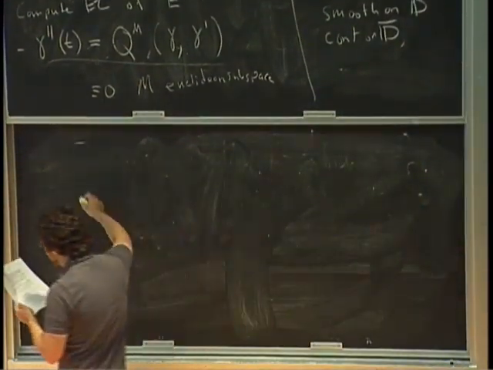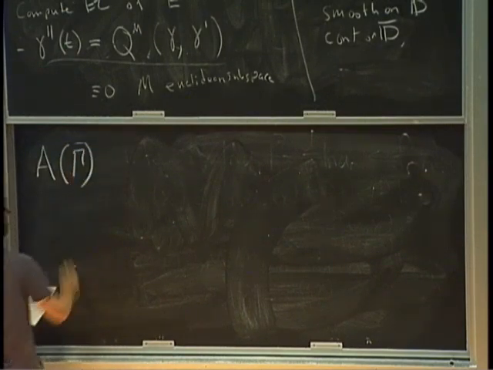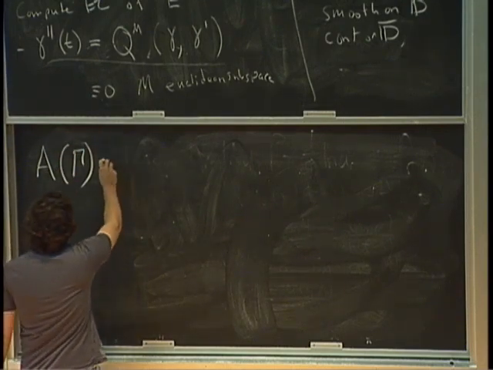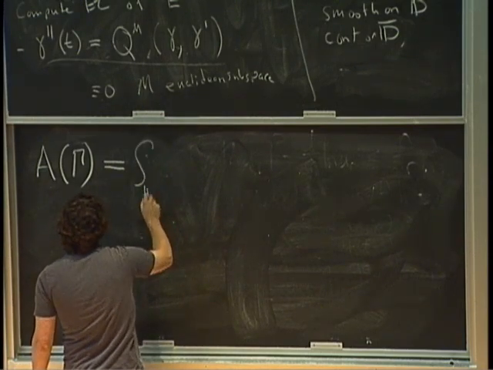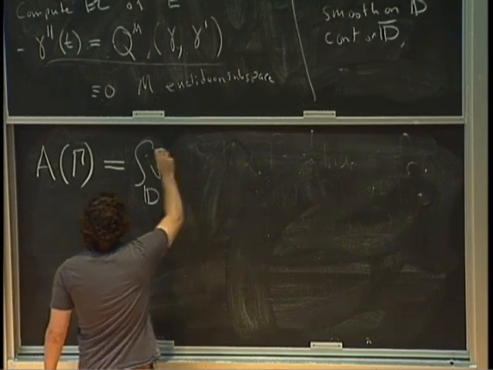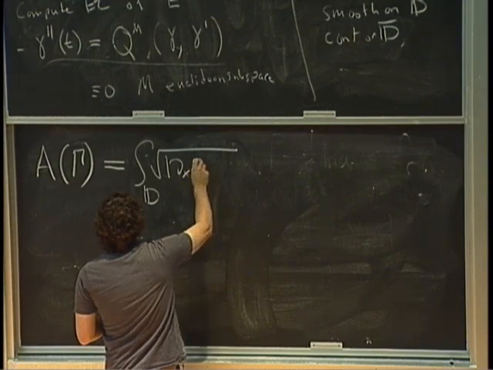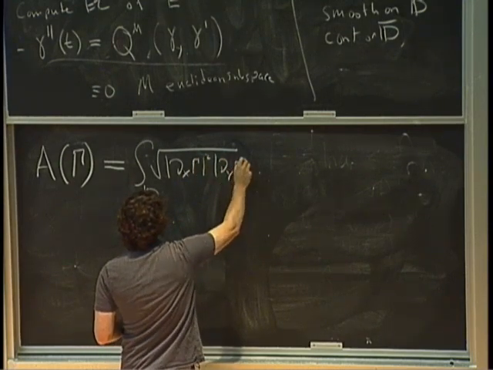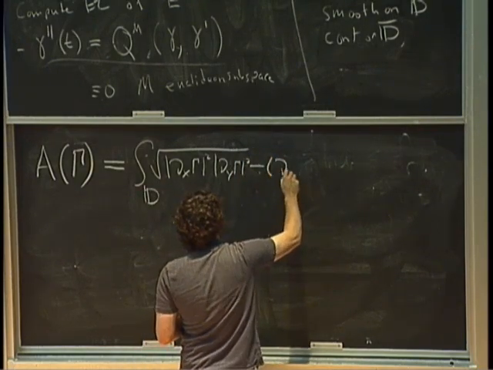Okay, so if you use the standard formula, the area of the image should be, and one has to interpret this for a general smooth map, the integral over the disk of the following expression: the norm of the x derivative of gamma, this is a vector valued guy, times the norm of the y derivative of gamma, and then you subtract the cross term.